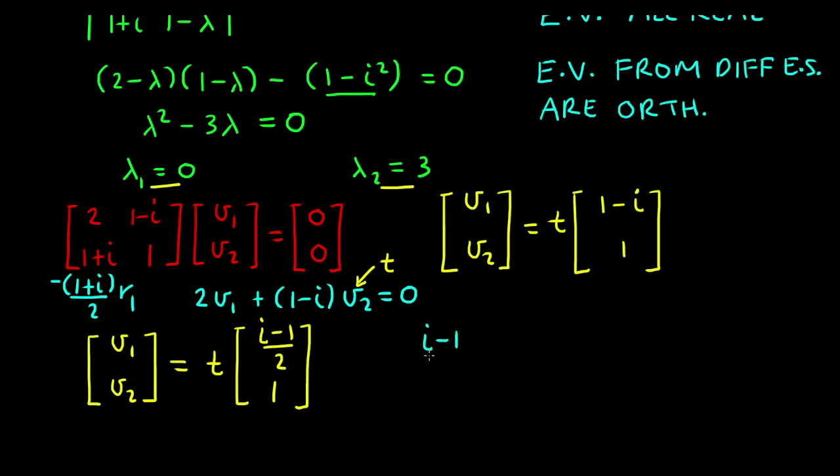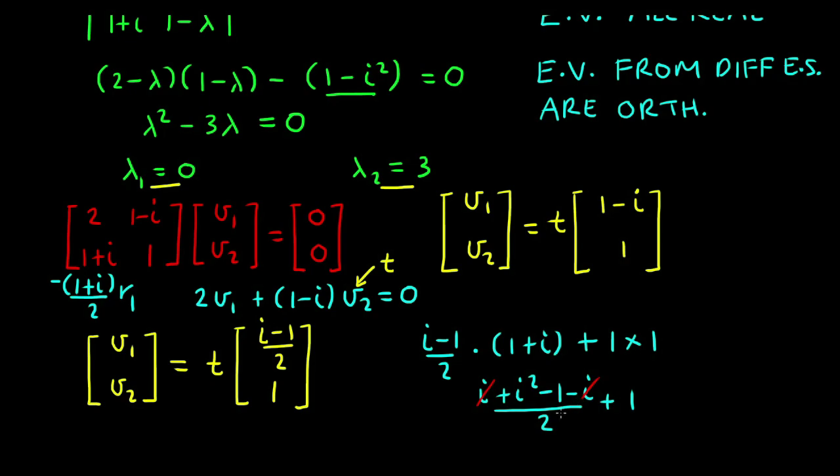So we have i minus 1 on 2 by the complex conjugate of 1 minus i plus the second component by the complex conjugate of 1. So what we get is i plus i squared minus 1 minus i on 2 plus 1.